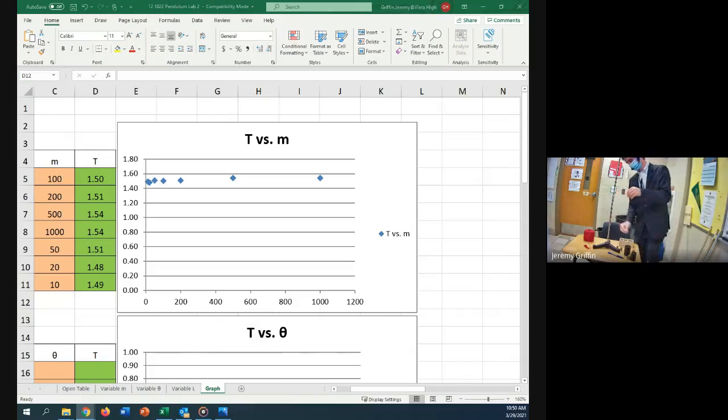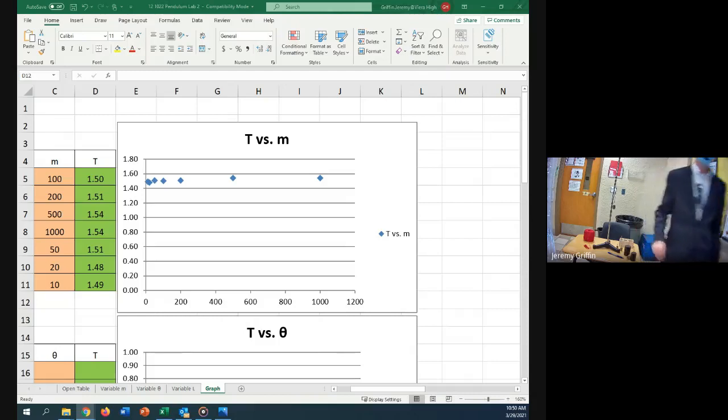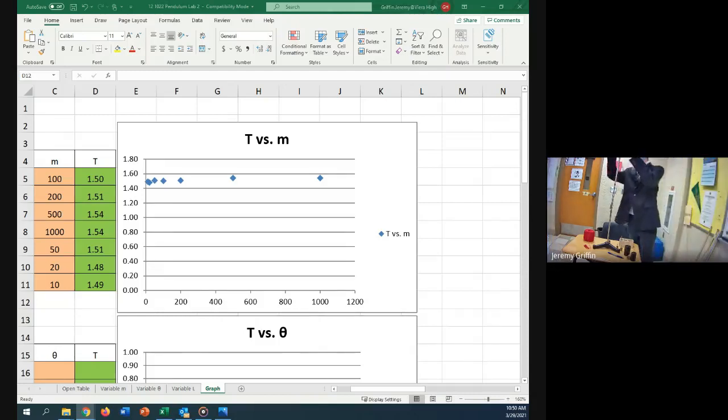Okay, so go back to the original 100-gram guy. We just confirmed this is at 58 centimeters. And yeah, it's 58, so we're all good there. What I'm going to do is just change the starting angle. You ready, Morgan, with the stopwatch? All right. So from 10 degrees.